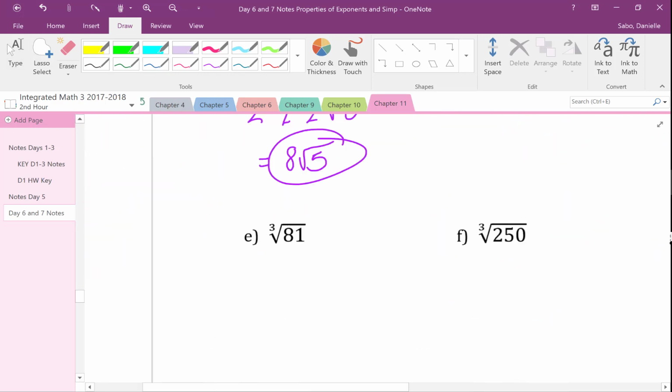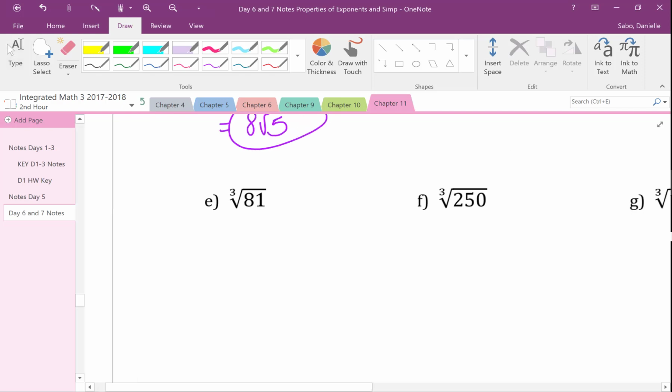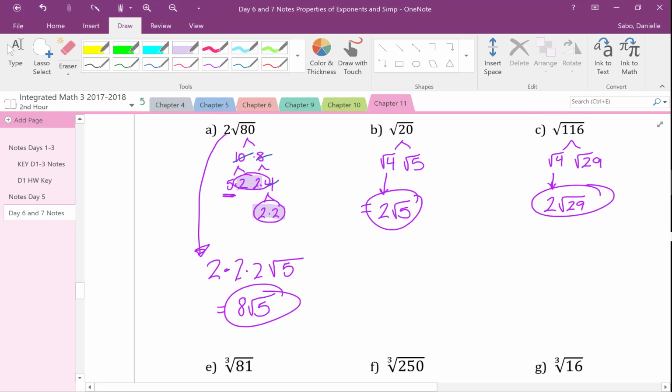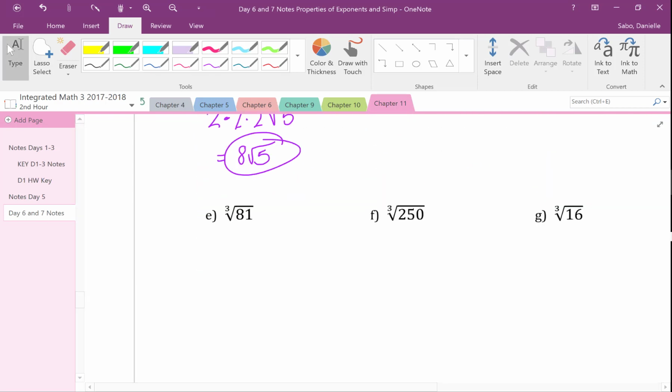Okay, so now let's take a look at the cube root. Now, when we did the tree method, we found groups of 2. Now, what are we going to find groups of? 3, okay? Or we're going to look at the perfect cubes and see which ones go in them, whatever method you like. Is there a perfect cube, when you look at your list, that goes into 81? Yes. Which one? 27. Good. 27 and 3.